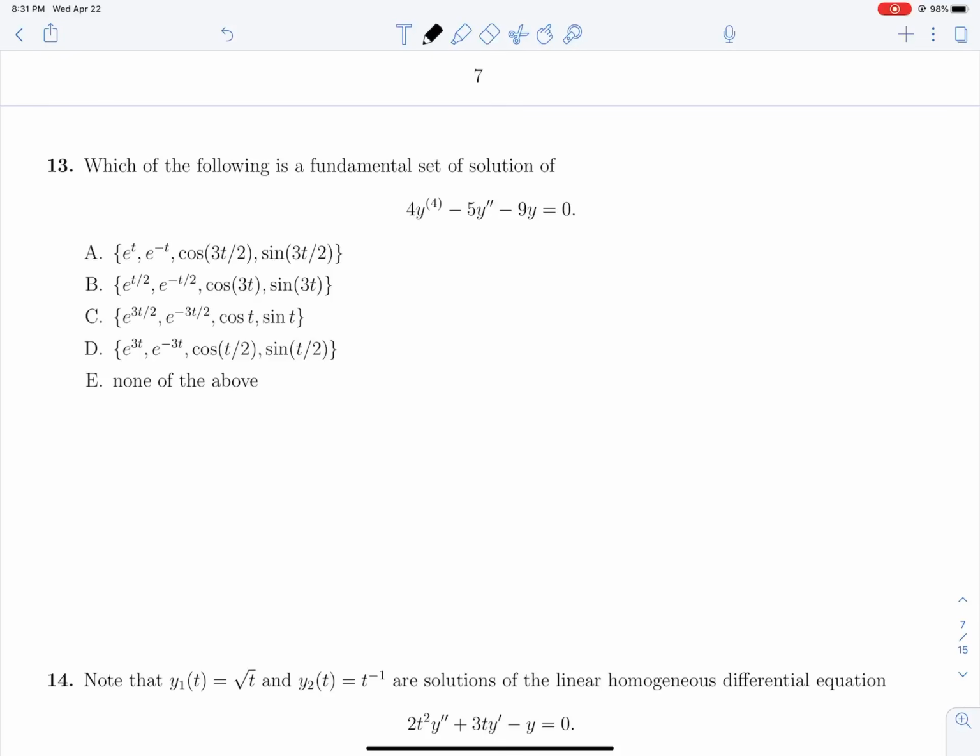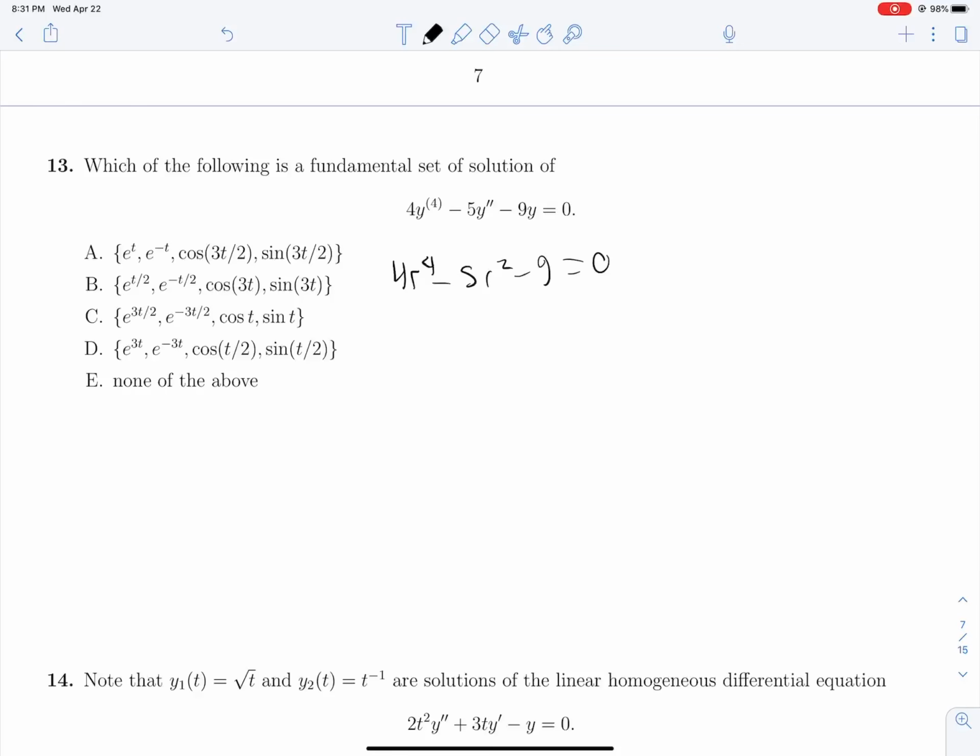13, I actually completely and utterly failed to factor this equation, getting the characteristic equation of 4r to the fourth minus 5r squared minus 9 equals 0. I could not factor that a second ago. So because I have a whole other exam to record tonight, you get to hear me shamelessly type this into symbolab.com.